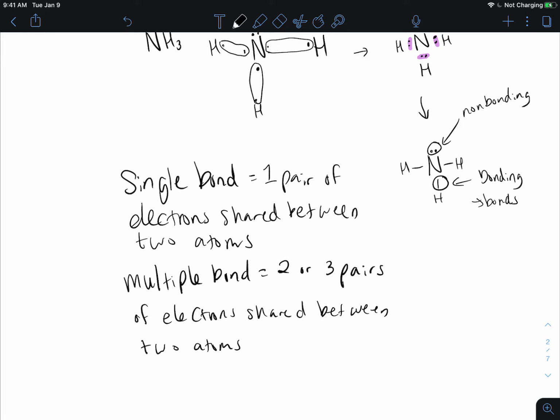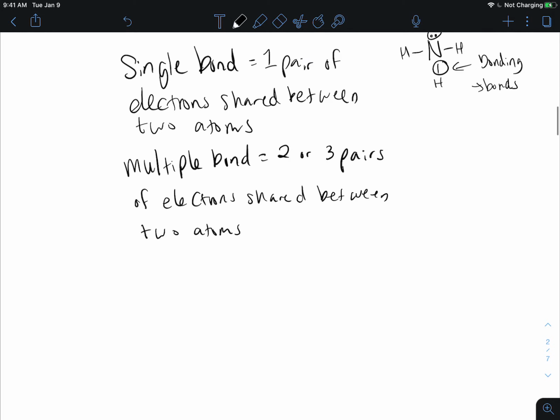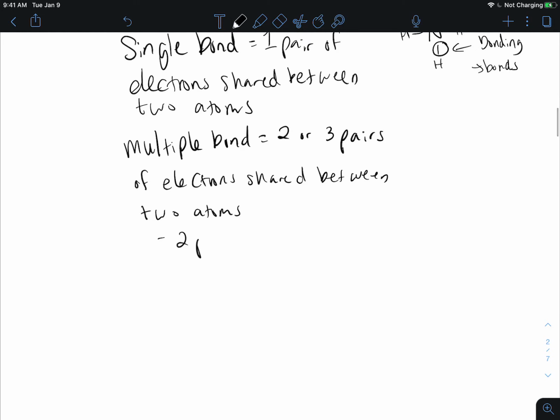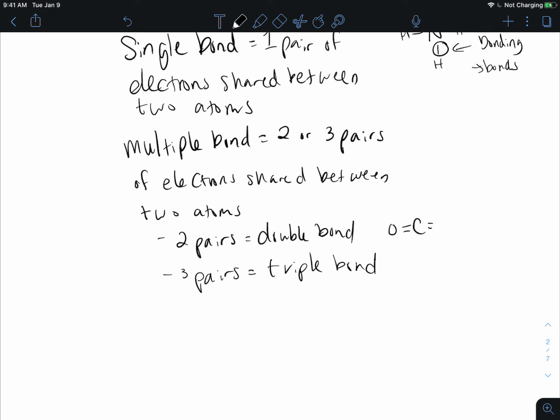Okay, so if we have two pairs, this is called a double bond. If we have three pairs, it's called a triple bond. So we can see the double bond in something like carbon dioxide. So here are two lines.